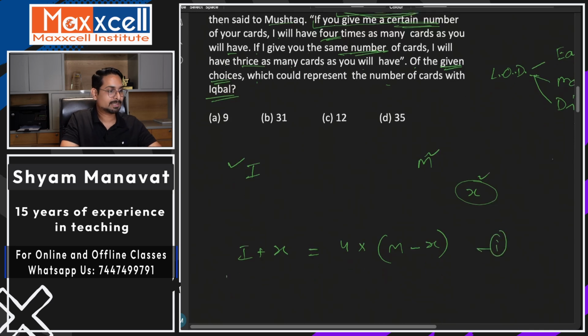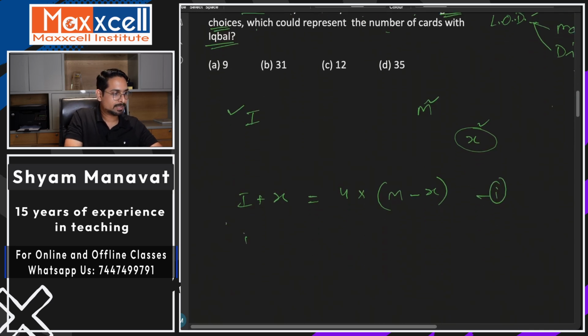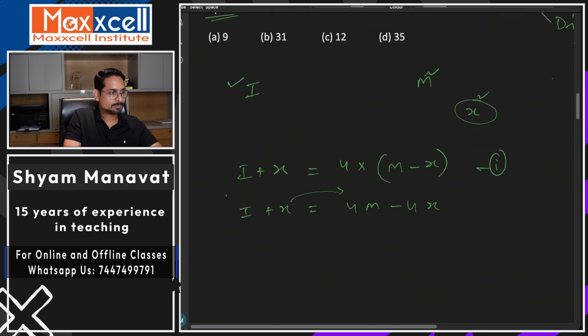Let's simplify this equation. So I have I plus X, and if I open the bracket here, what will I have? 4M minus 4X. Let me take this X also to this side, so I have 4X minus X, which will be I equal to 4M as it is, and 4X minus X will be minus 5X, right?